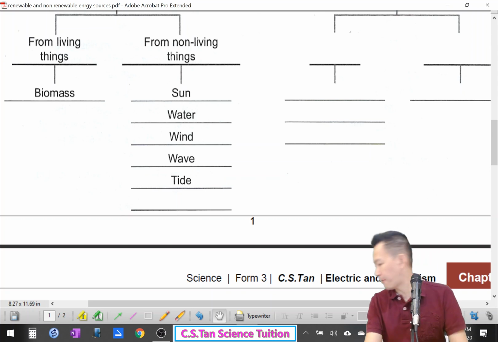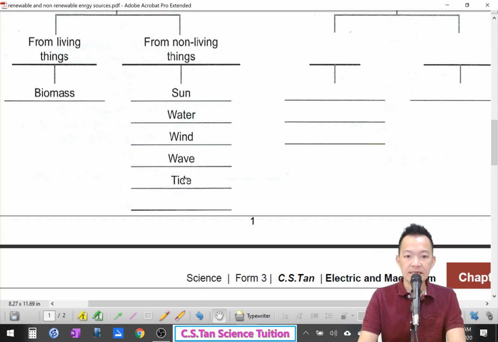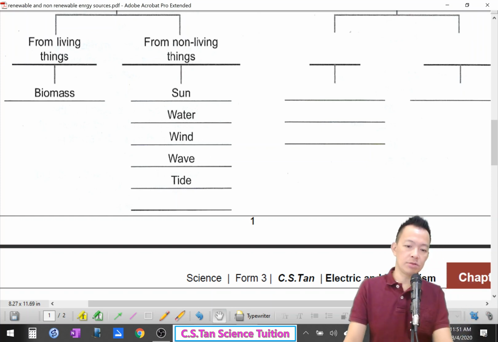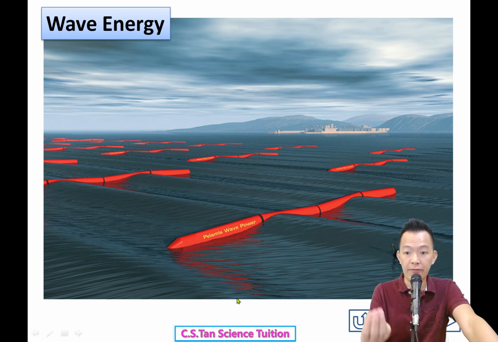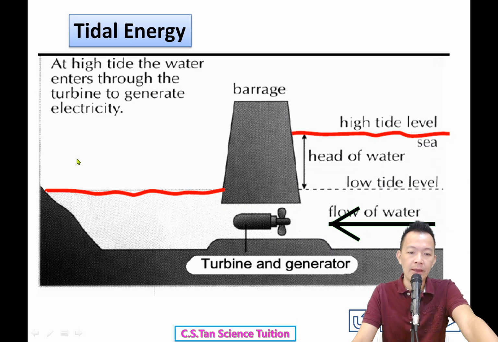OK, 来, tidal energy. 涨潮退潮 is also an energy, 也是一种能源来的. But how 涨潮退潮怎样变成能源呢? 很简单, I show you 啦. But remember, once I show you, this is other people's creative idea, 别人的创意, 别人想到的, 不是你. OK. So this is a land, this is a sea, 陆地跟海. Between the land and the sea, we build the barrage, 我们做一个长堤, 对不对? So during the high tides, water will flow in.